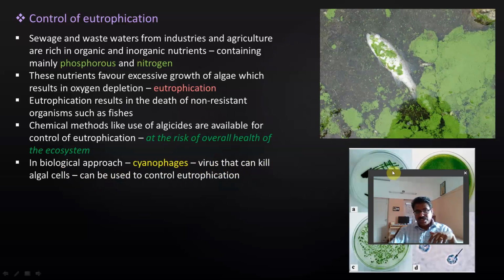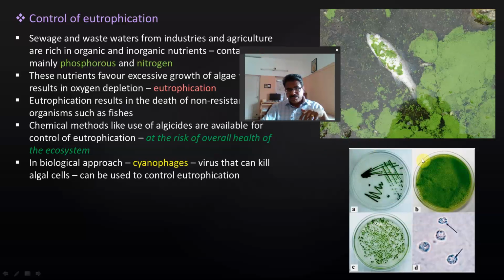This is how it looks when you streak the virus, cyanophages, here: usually there is full growth, and later, this is an algal culture, and when we use cyanophages here, see the reduction in the turbidity. So cyanophages can be used to control eutrophication.